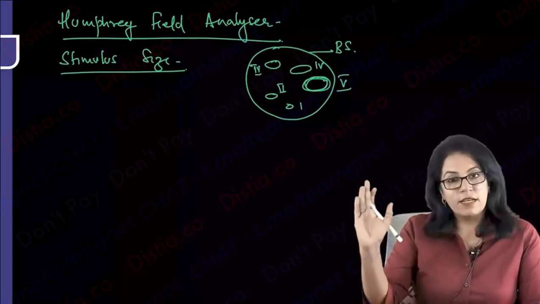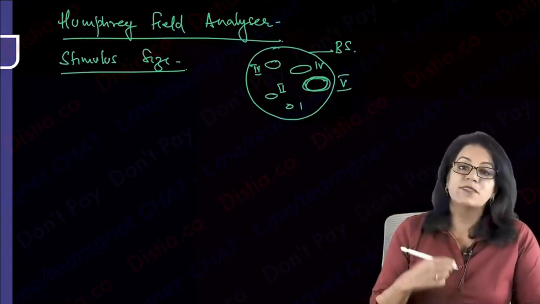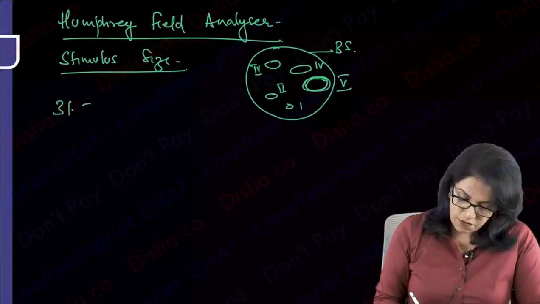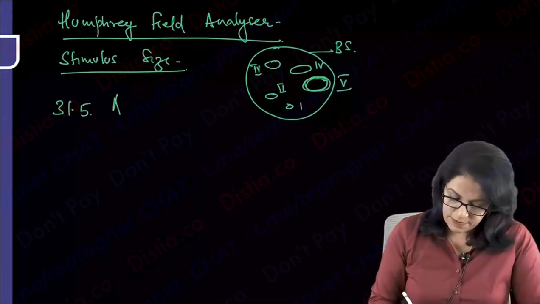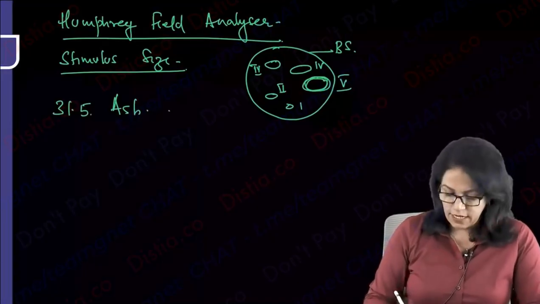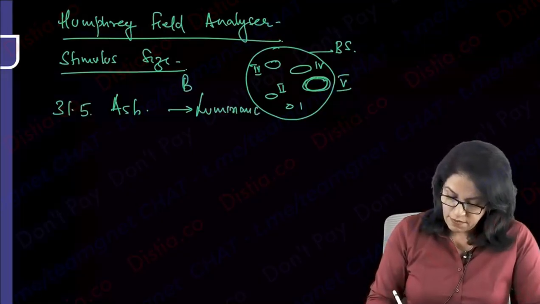Just have this idea. Background luminance, you also have to find out. How do you measure the luminance? In apostilbs, right? It is generally 31.5 apostilbs. This is another important thing about the background luminance.